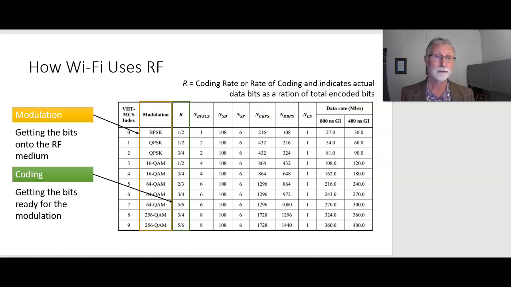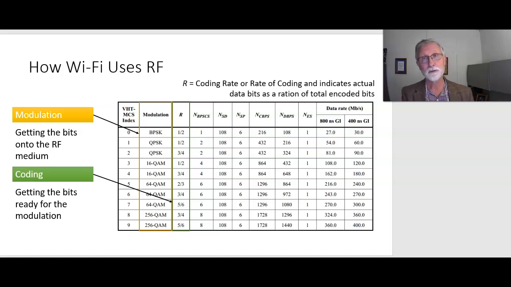Coding also provides a method for some level of recoverability. So if some error comes in, you can sometimes recover the data if it gets transmitted in error or receives some interference.